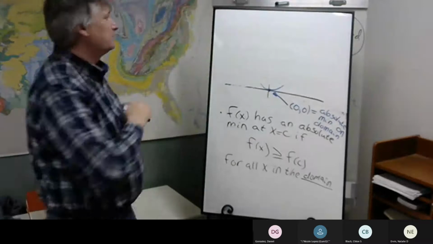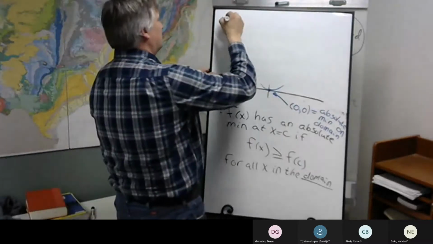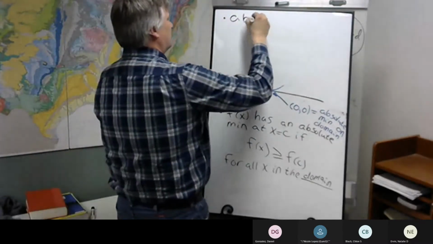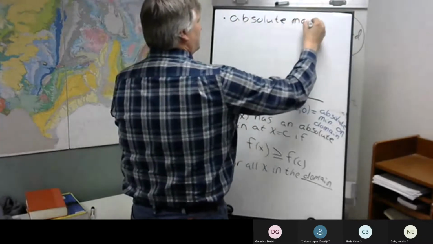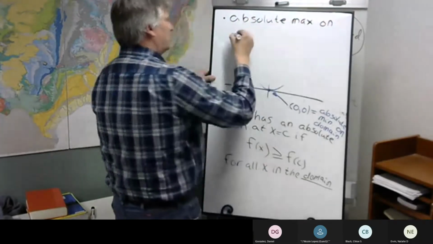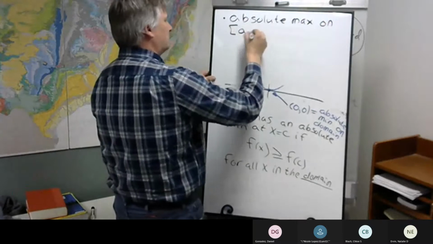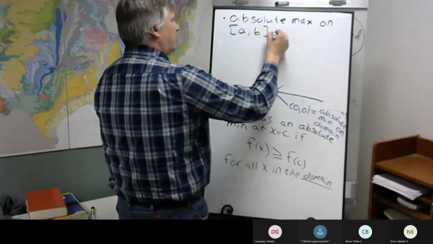We could have an absolute maximum on a closed interval AB.